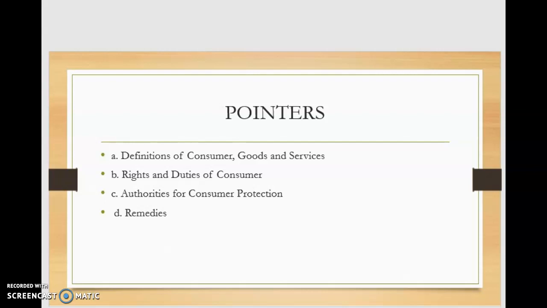When we talk about the purpose behind the Consumer Protection Act, with the industrial revolution, development in international trade and commerce, and the advancement in technology, there has been a vast expansion of business and trade. As a result, there are various services that are availed by consumers, and goods too, for example insurance services, transport services, entertainment, finance and banking.